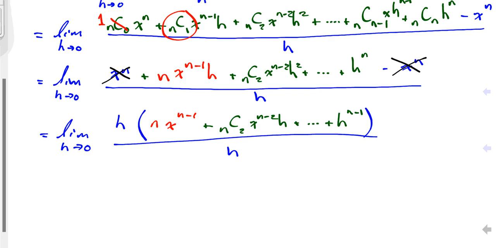What's going to happen? My h's cancel out. What happens to all my other h's? Goes to 0. What am I left with? n x to the n minus 1.